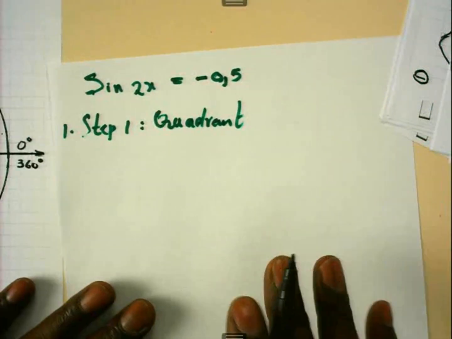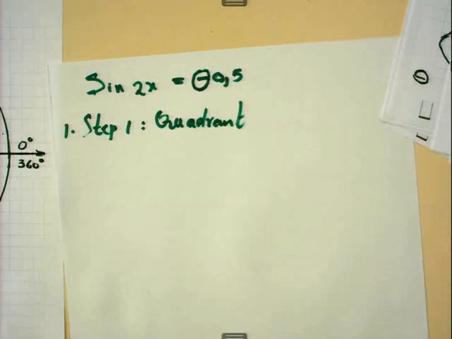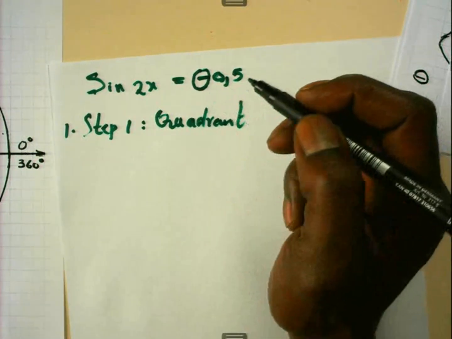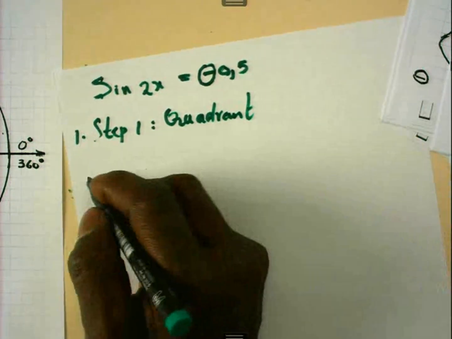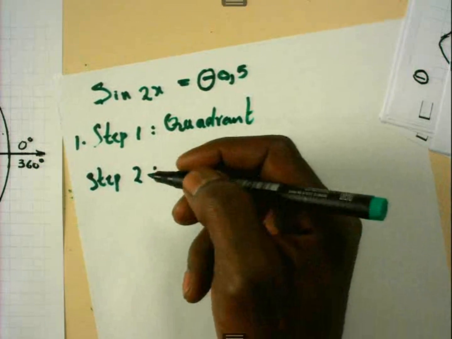Now, done with the negative sign. We don't have to bother again with that negative sign. Now, step two. What is our step two?